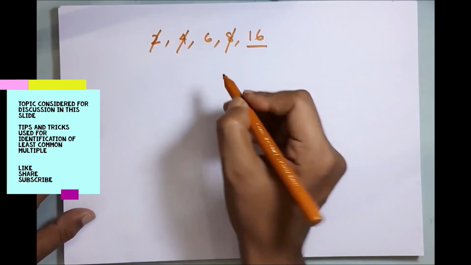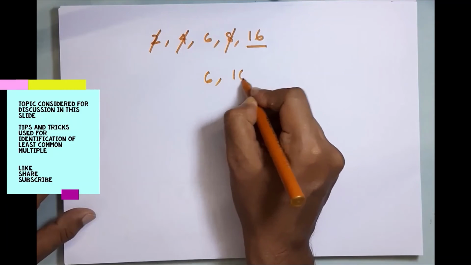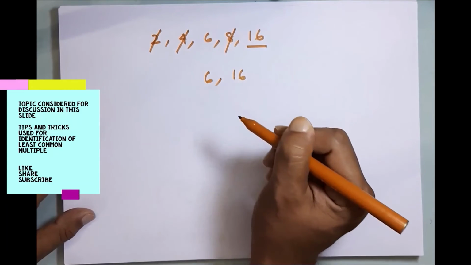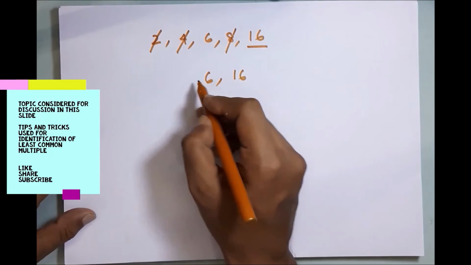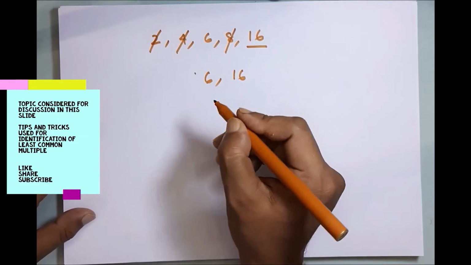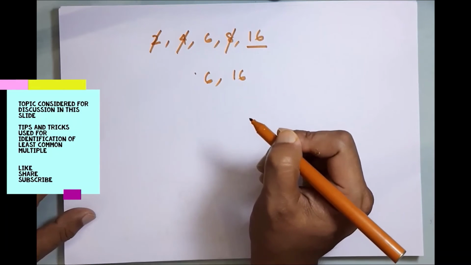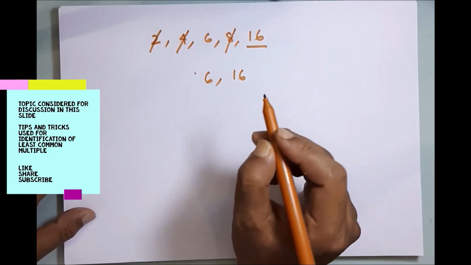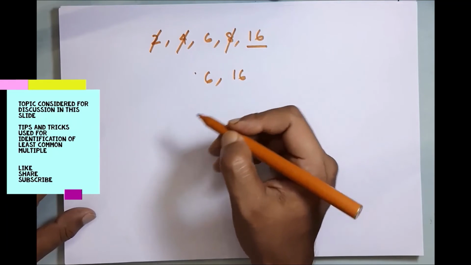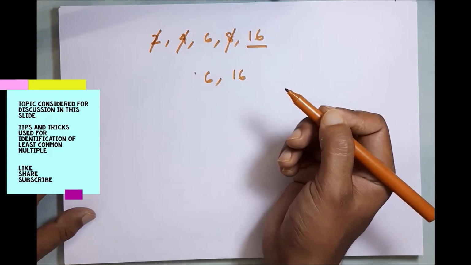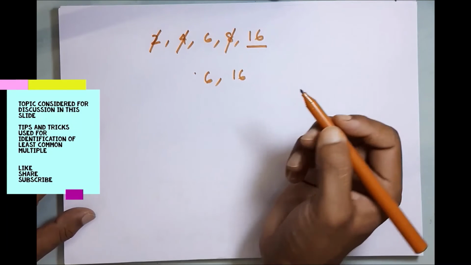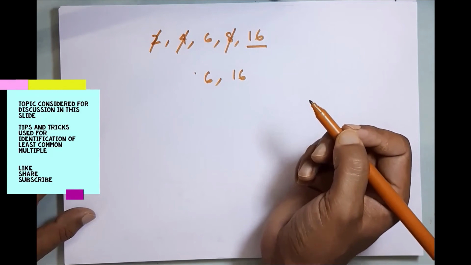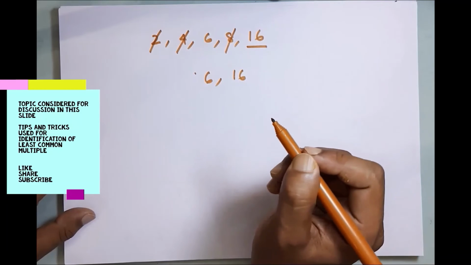The remaining numbers are 6 and 16, and 6 is obviously not a prime number. For identifying LCM where it is not prime, it can be divided by other numbers, or it has common factors available, but it is not exactly divisible to each other.